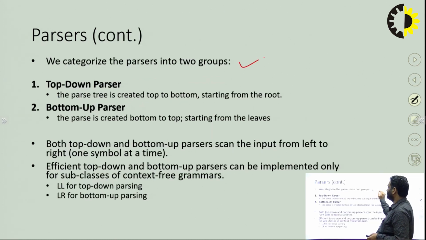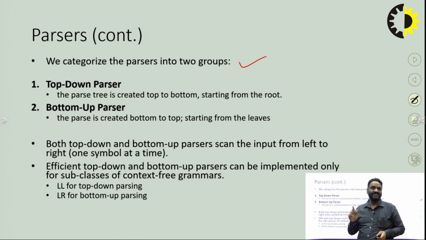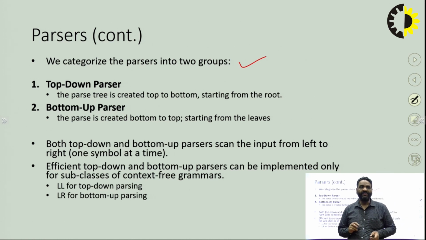We categorize parsers into two types. First is the top-down parser and second is the bottom-up parser. As the name suggests, in the top-down parser we start with the start symbol and go up to the leaves. Leaves are what?